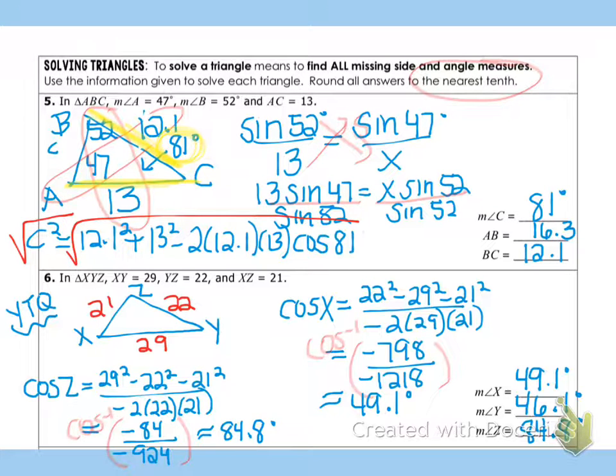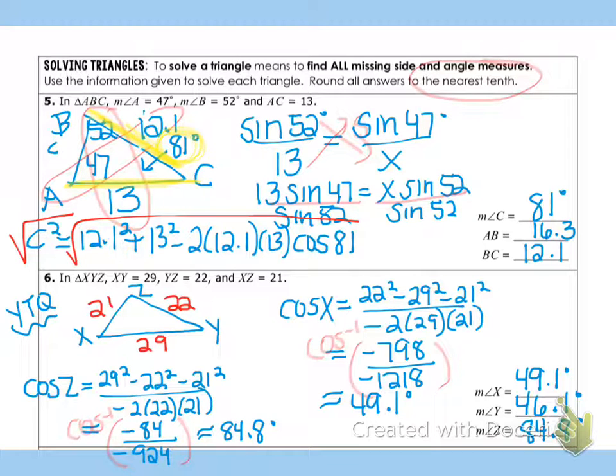All right, thanks for giving that one a try. I decided in my situation to use the law of cosines twice, and that's probably the easiest thing to do. Using the law of cosines, remember, gives you an exact value, only one possible angle value.